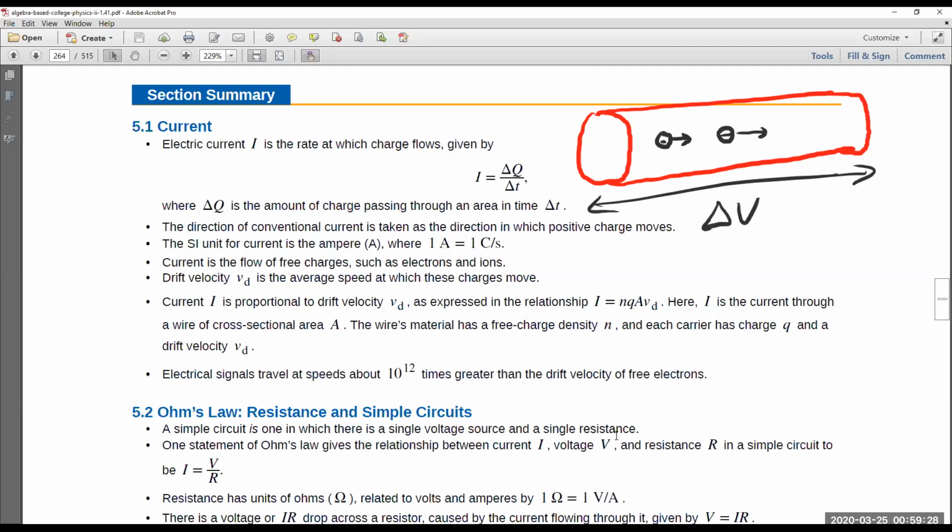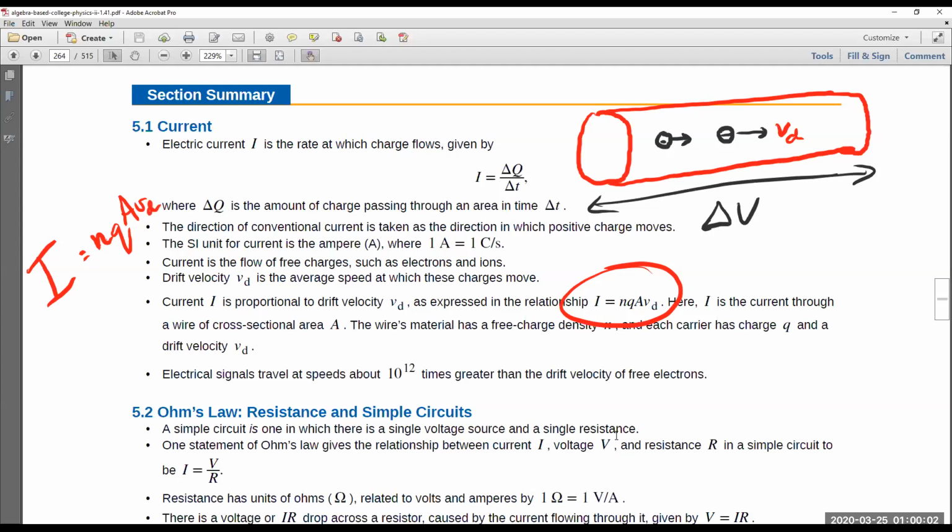Okay, so the relationship between the current and the drift velocity is this. The macroscopic current, this is what you would measure using an electric measuring device like the ammeter, is related to the microscopic charges by the equation I = nqAv_D.